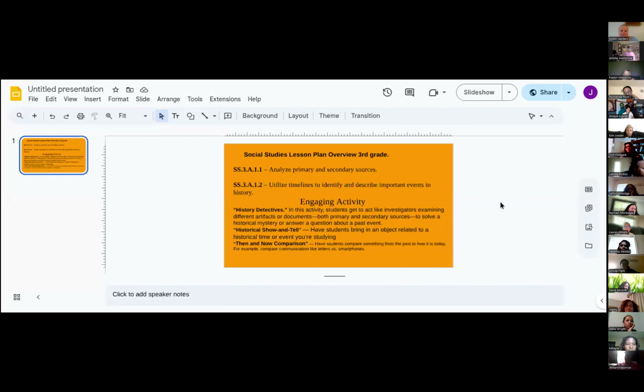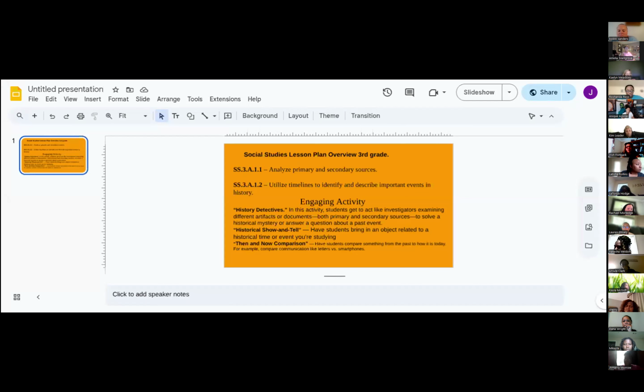Okay. So I did my standard over SS3A11 and SS3A12. They both kind of went hand in hand. The first one is analyzing primary and secondary sources, and the second one is utilizing timelines and identifying and describing important dates of history.